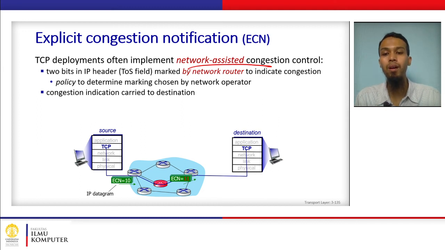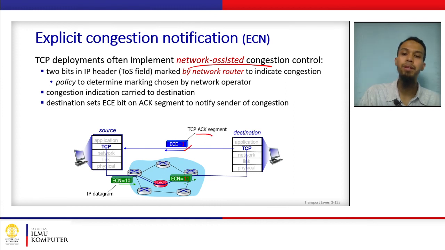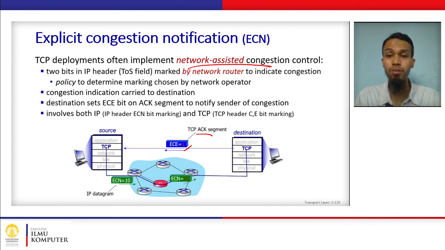So when the segment arrives at the destination, the receiver, when it sends the acknowledgement to the source, it will set the ECE bit in the TCP header, notifying the sender that there is congestion in the network.